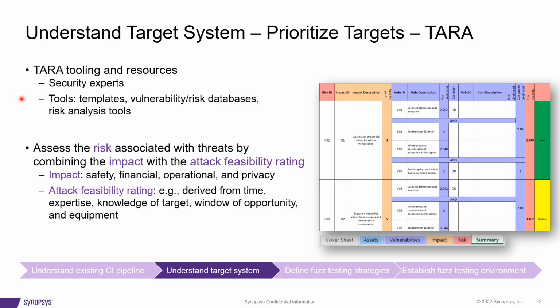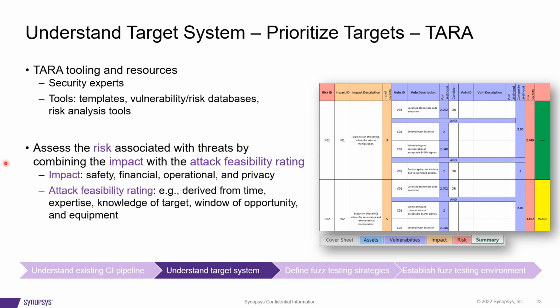As tools, it's possible to use various templates, or if you have access to certain vulnerability or risk databases, or even some risk analysis tools. On the right-hand side, we see an example of a template where you can input the different threats, and it automatically calculates the risk level based on the information in that sheet.